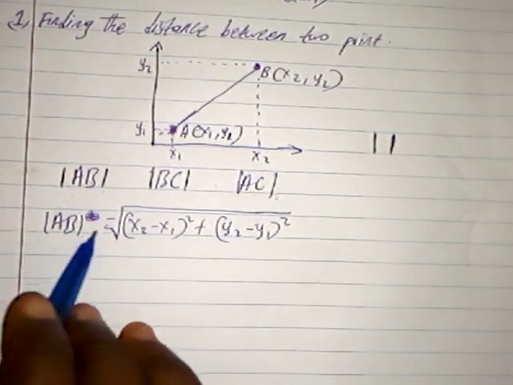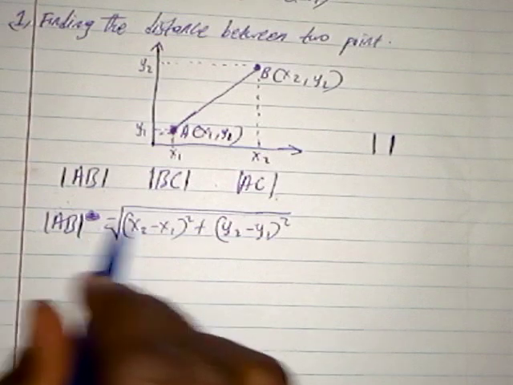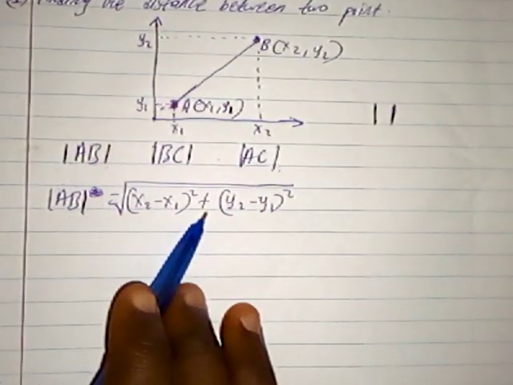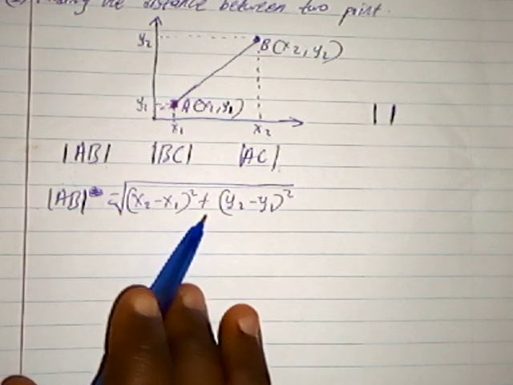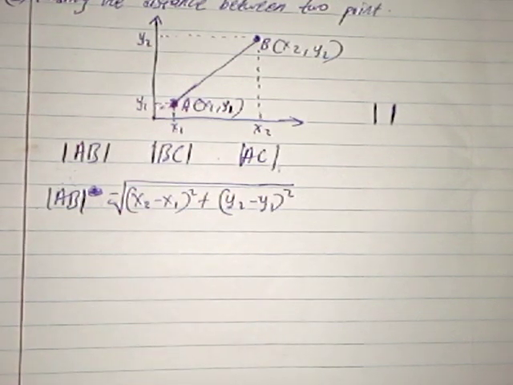This is the formula for line AB. Do you see it? So always, the line AB formula is this one. Take note of it: anytime they ask you to find line AB, or find the length of the straight line, this is the formula you should use, right? You get it? Now let's move into question solving.